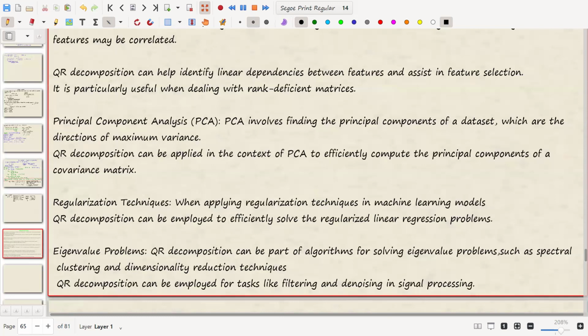So if you want to denoise your matrix, you can keep the noisy terms just below the diagonal and apply the QR method. The QR method will remove all those noisy terms. That's where you can see that it is filtering and denoising in signal processing.